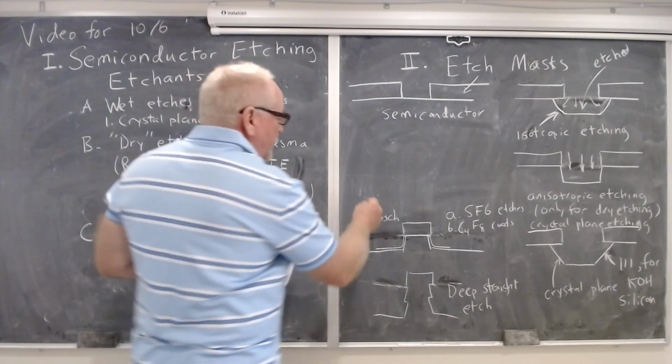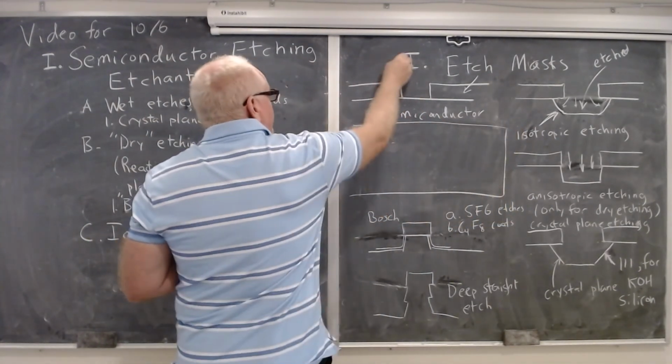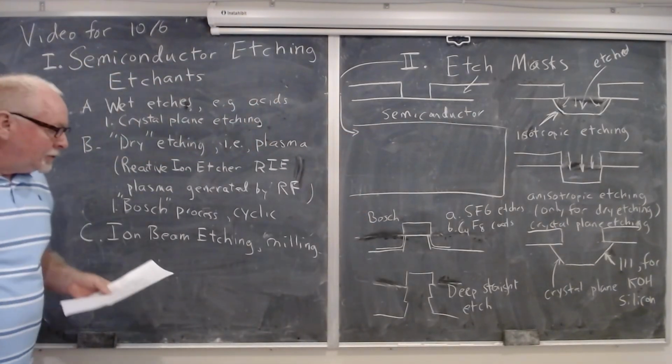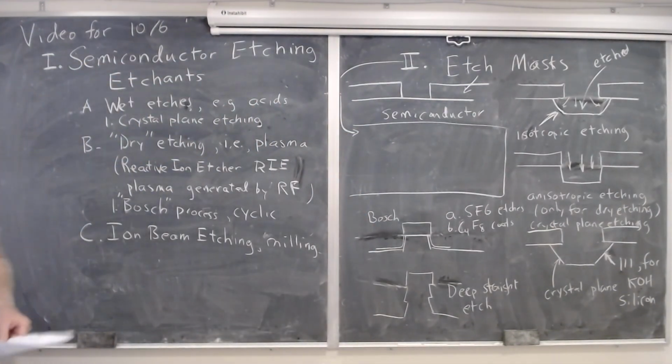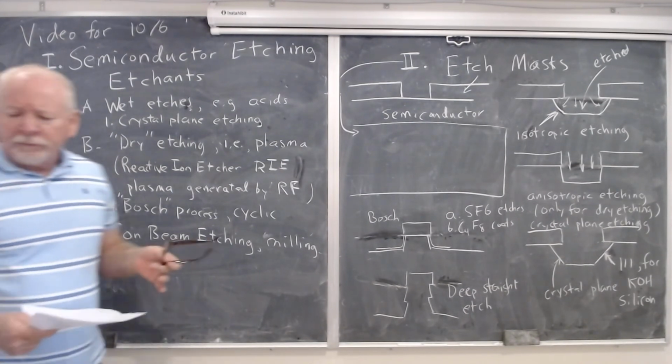All right. So now what I'm going to do here is put my category 2, which is the etch mask. So, what we've described already is how you etch a semiconductor, and this lecture is meant to provide you with a kind of outline or overview.